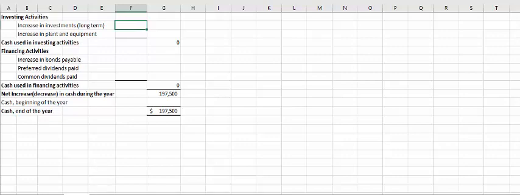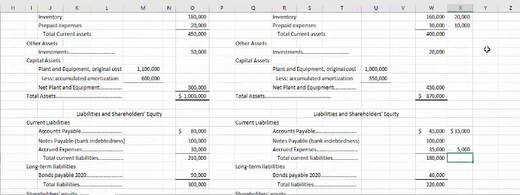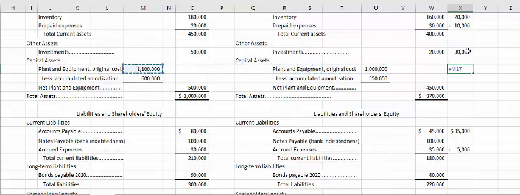So let's go have a look at our balance sheet again. And we look at our investments, and we invested another $30,000. We've got to pay for that somehow. It's a use of cash. We look at the book value for our capital asset. We're not so worried about the amortization because remember, we're just taking amortization out. But the increase of $100,000 in the book value tells us that we made an extra investment of $100,000.